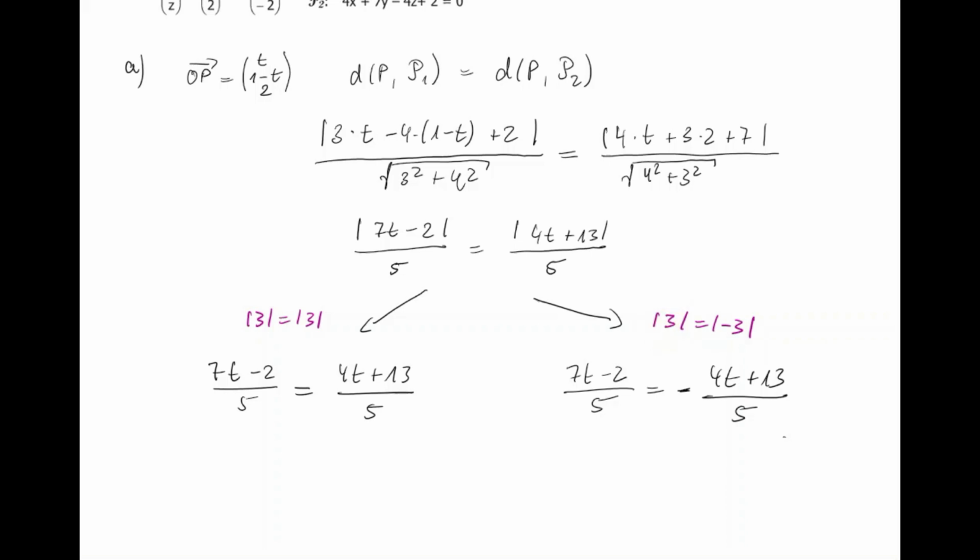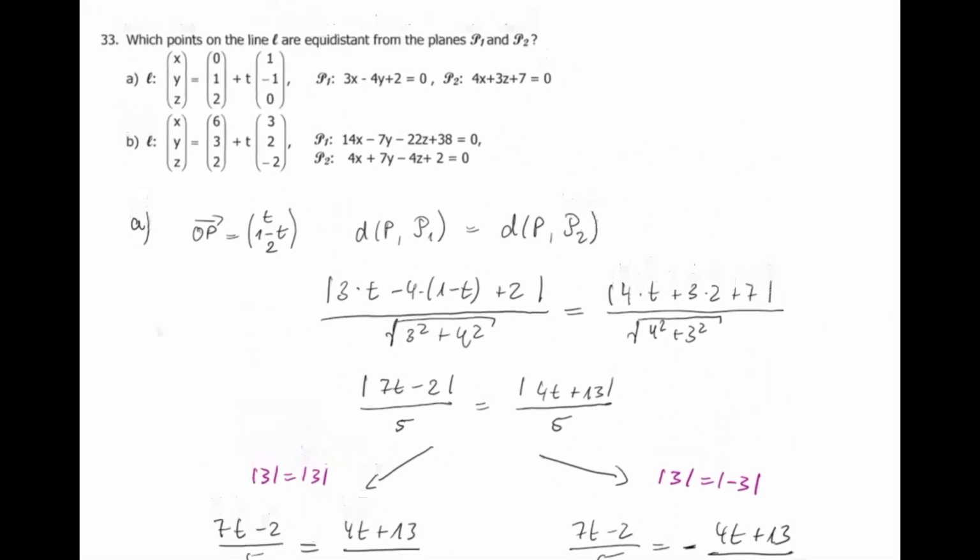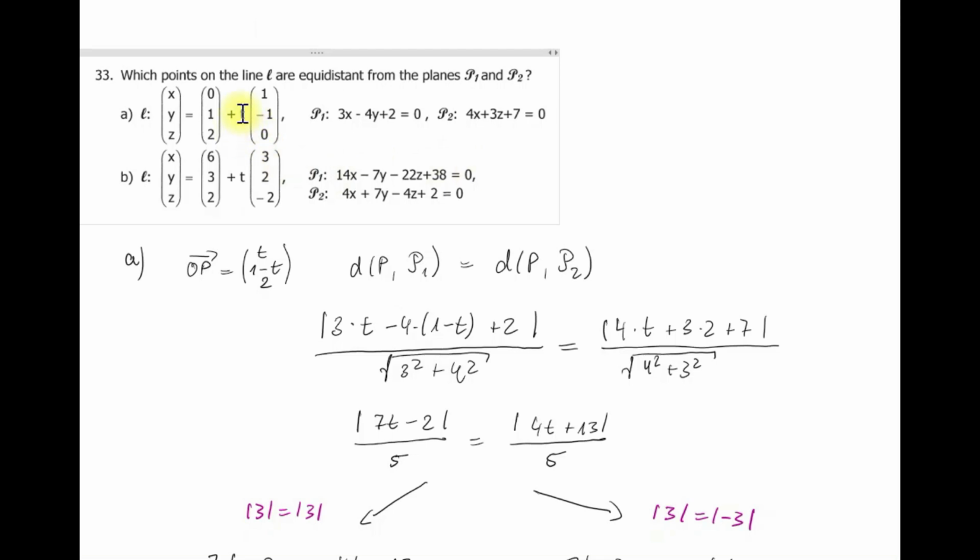And then you can continue to solve these two separate equations. You'll get two different values for t, and if you insert these values in here, or in here, that will give you the two different points we expect to see on that line.